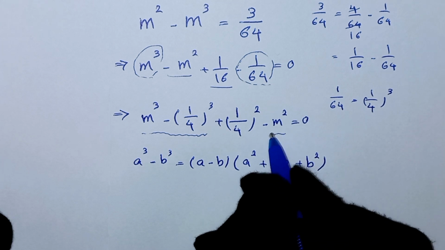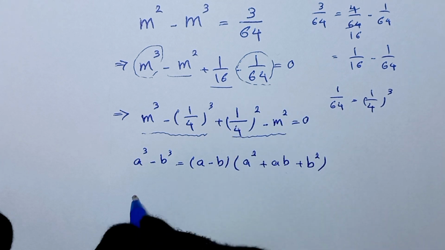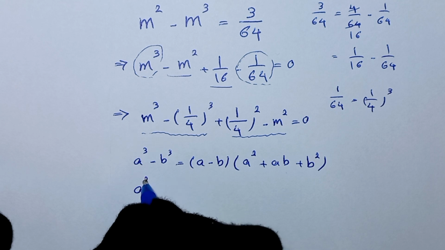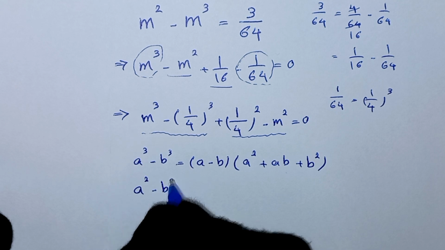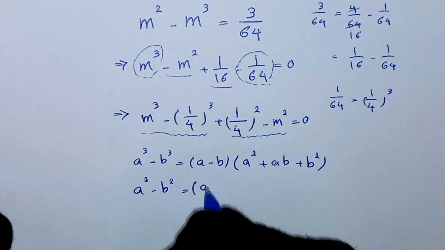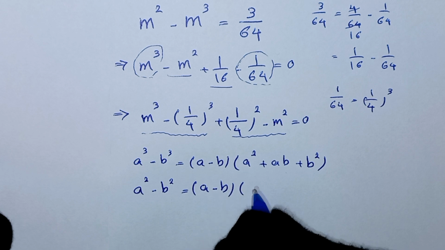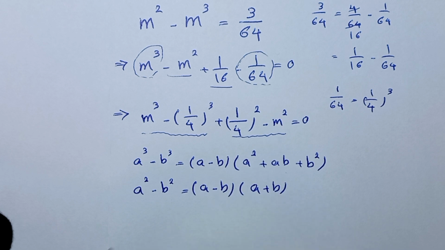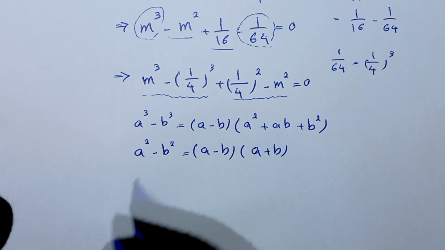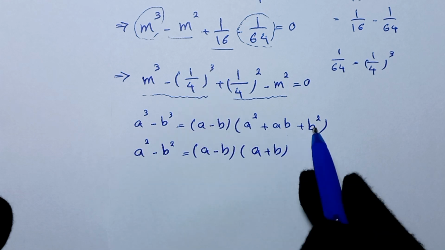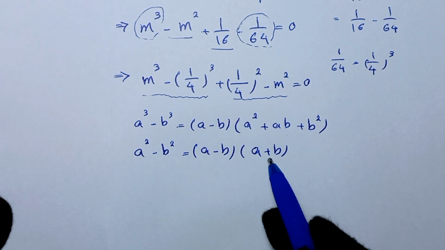And these two parts are in the form of a squared minus b squared is equal to a minus b times a plus b, right? So we write this in this form and this in this form.